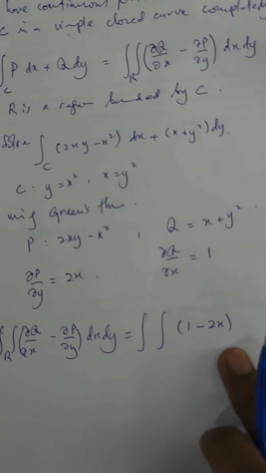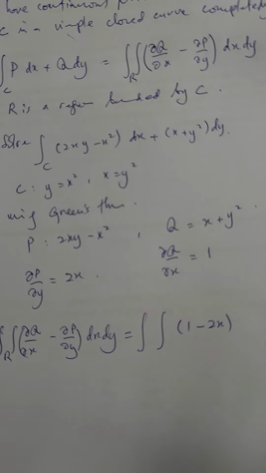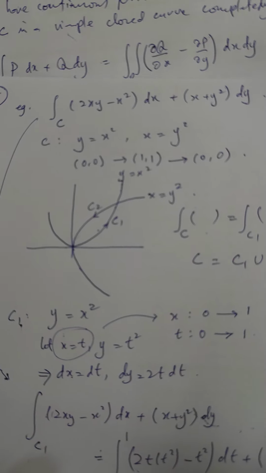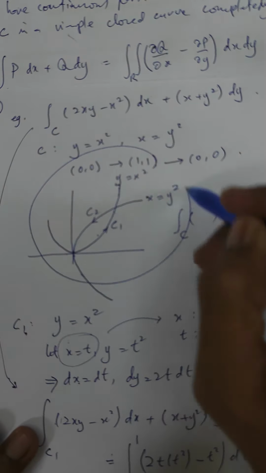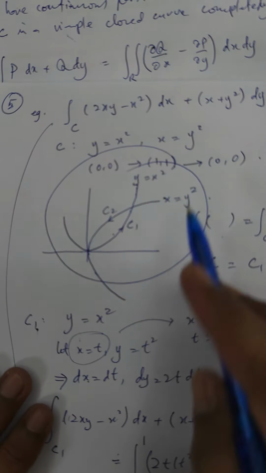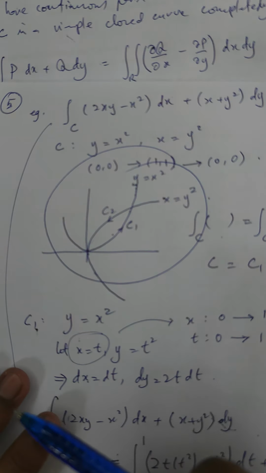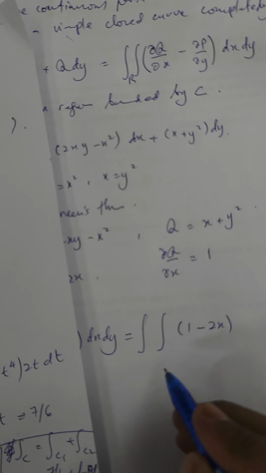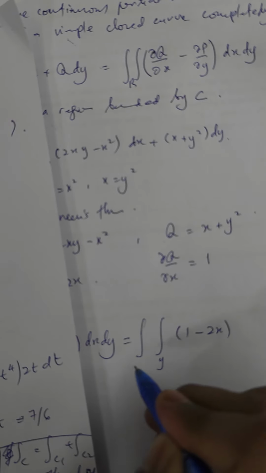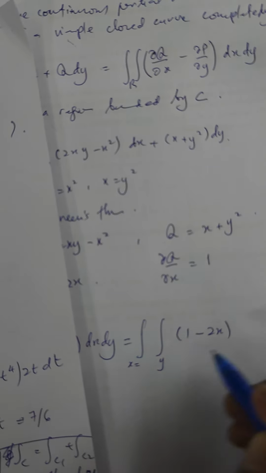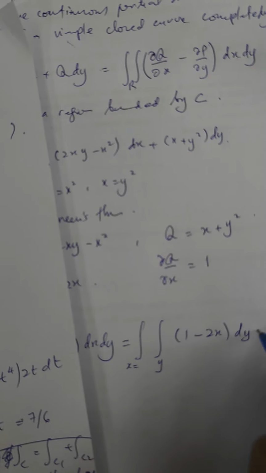Now we can integrate this with respect to y first or x first. Now look at this region. If we want to integrate with respect to y first, we take y first and then end up with x, which means we have dy dx.